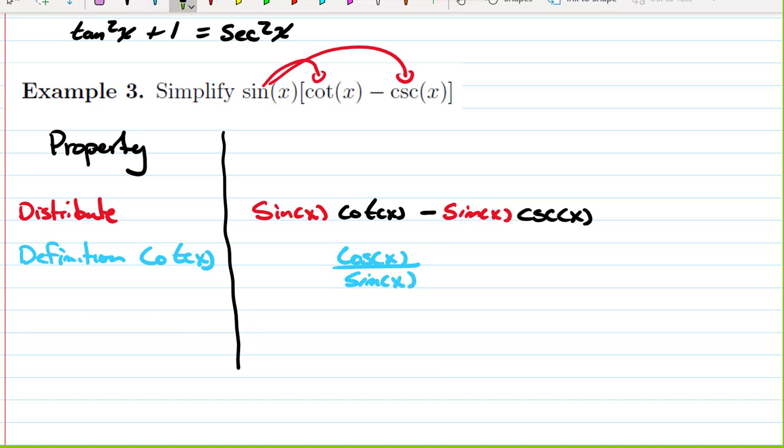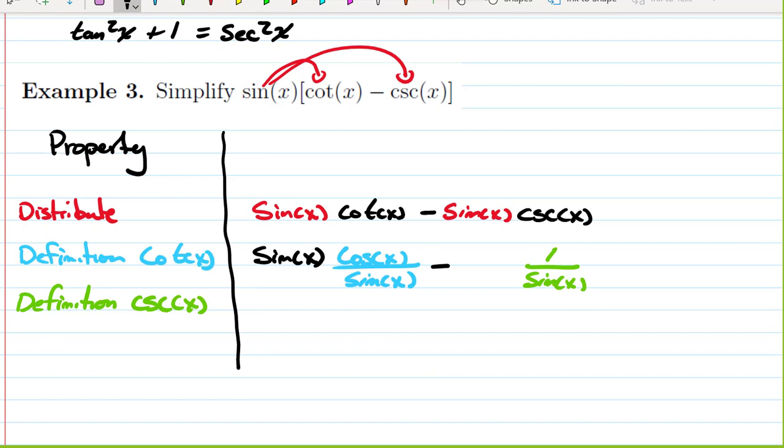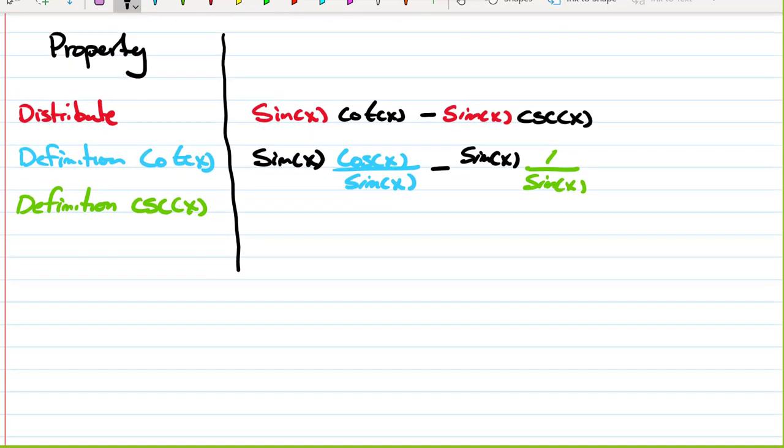And the second thing I'm going to use is the definition of the cosecant of x. And the cosecant of x is 1 over sine for our identity. So we have sine x times cotangent, and cotangent is cosine over sine, minus our sine just comes down. So we use these two things, and now we're just going to reduce.